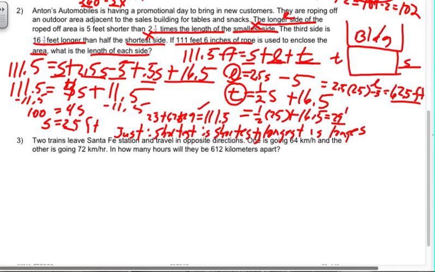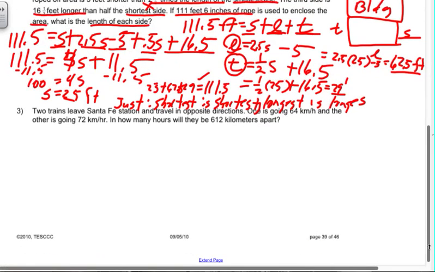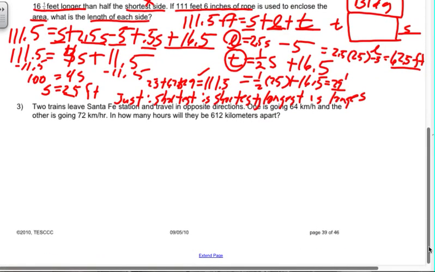Okay, let's take a look at number 3. This is basically a physics problem. You look at it. So 2 trains leave Santa Fe. So there's my Santa Fe station and they travel in opposite directions. So one's going to go this way, and one's going to go that way. One of them is going 64 kilometers per hour.